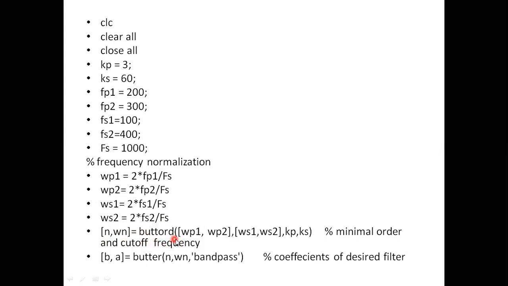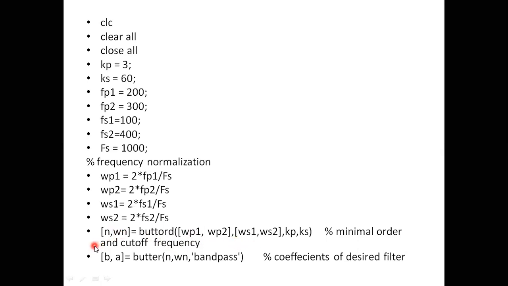Then write in small bracket what data are given: omega p1, omega p2, corresponding to omega s1, omega s2, and kp and ks. So corresponding to all these data, you need to find the order of your system and the cutoff frequency. So this is the command for finding the order of the system and the cutoff frequency.